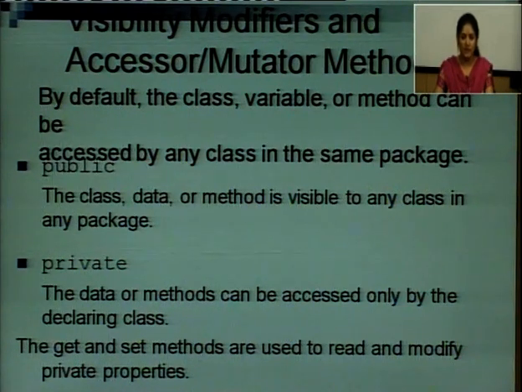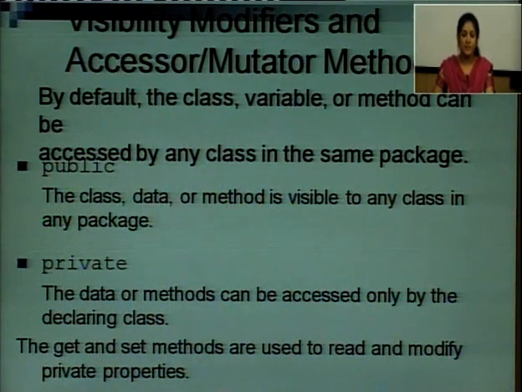The class, data or method is visible to any class in any package. If you attach the keyword public in front of a class, a variable or a method, that class, data or method will be visible to any class in one package.